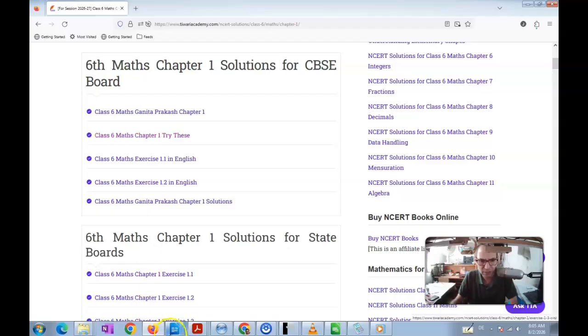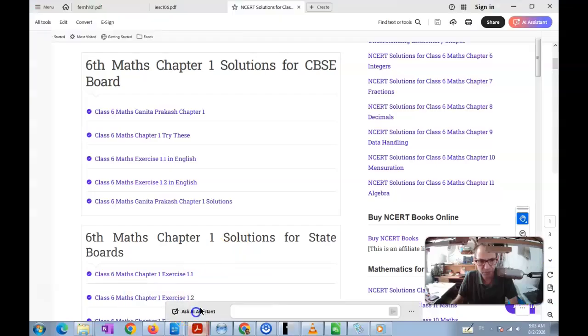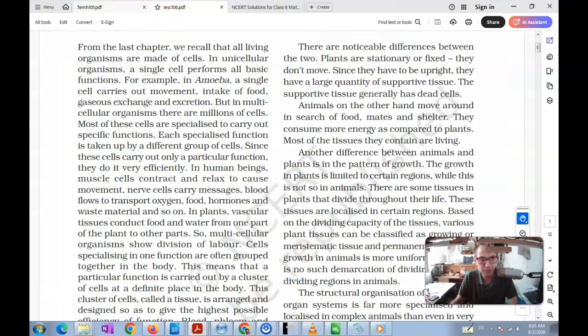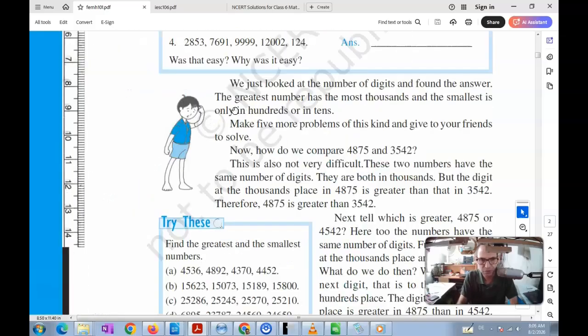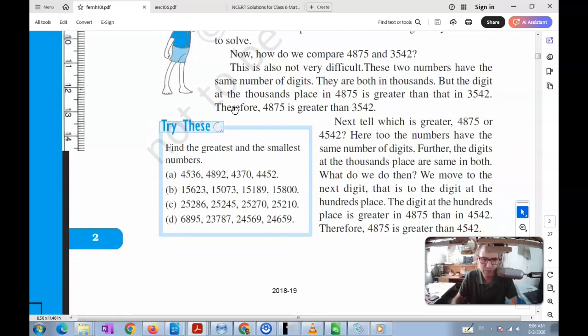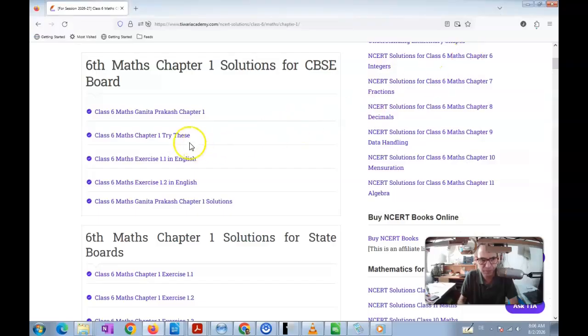We had these in the chapter as we were going through it. You saw that sometimes there is something like this, try these. That's the meaning of that. And then you have class 6 math exercise 1.1 in English and class 6 math exercise 1.2 in English. That's what you're looking for.